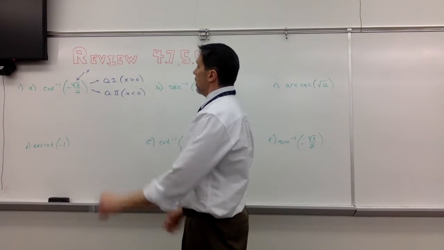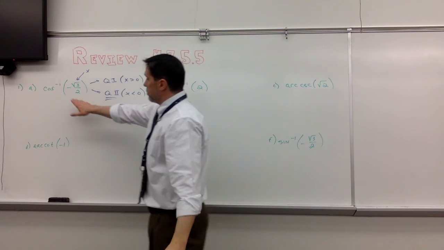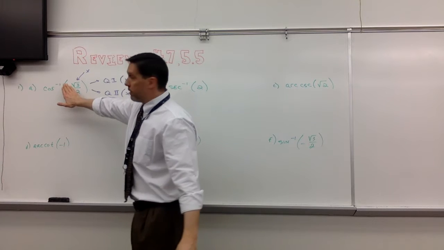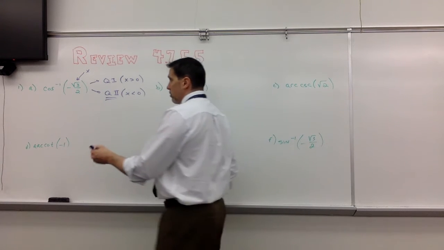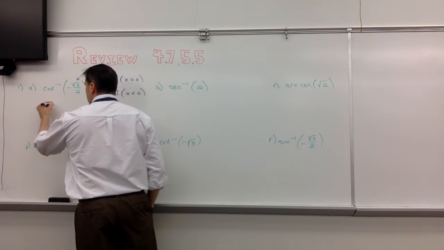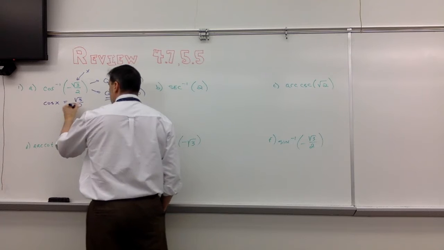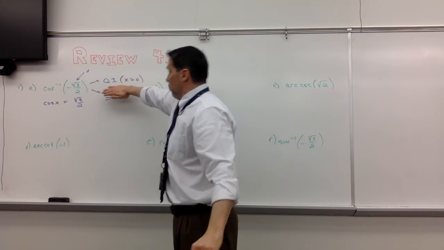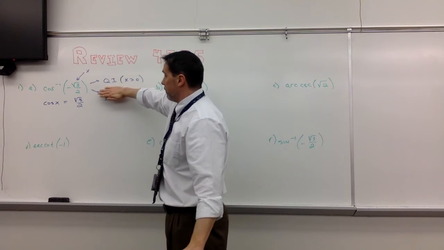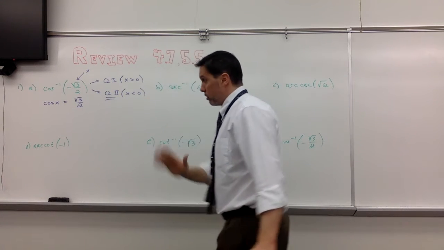All right, so as far as this is concerned, we're going with quadrant 2. What I said to do is pretend like that negative is not there at all and say, what is the cosine inverse of the square root of 3 over 2? And what you're thinking is, okay, cosine of what value is the square root of 3 over 2? If you stick with quadrant 1, only working with positive, your answer is 30 degrees.